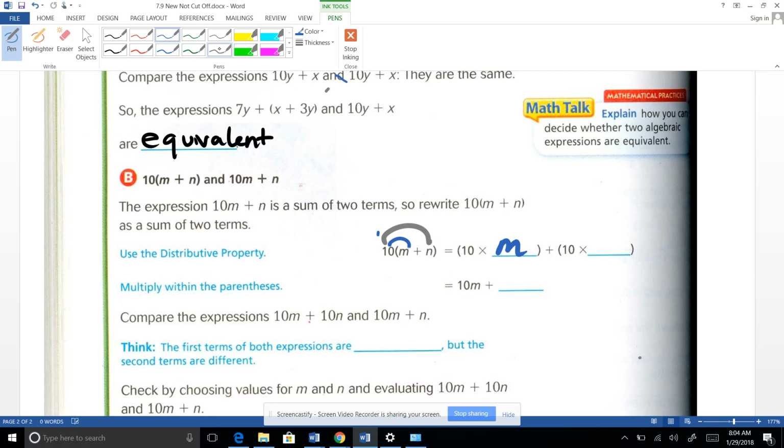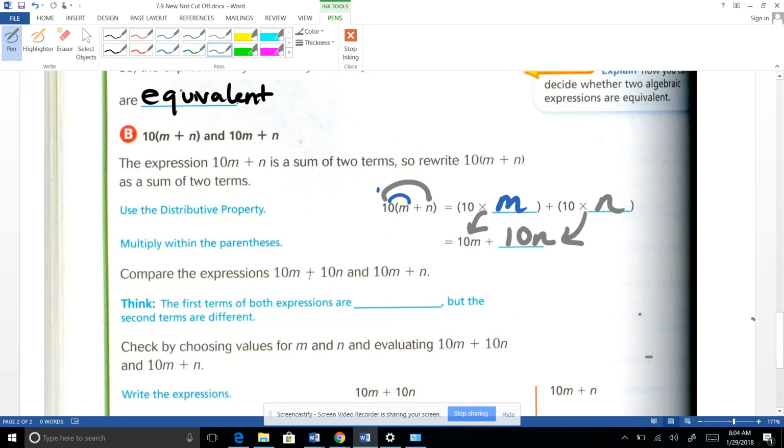That's supposed to be gray. All right. And so when we look at it, we can say we can multiply within those parentheses, and that gives us 10m plus 10n.